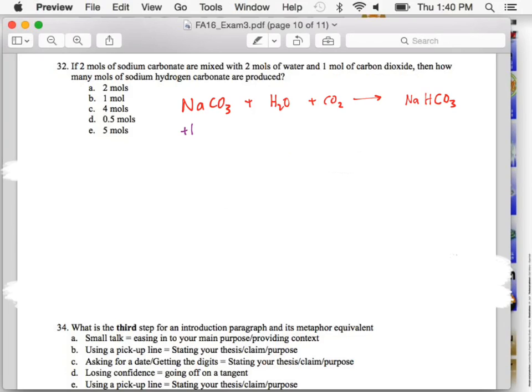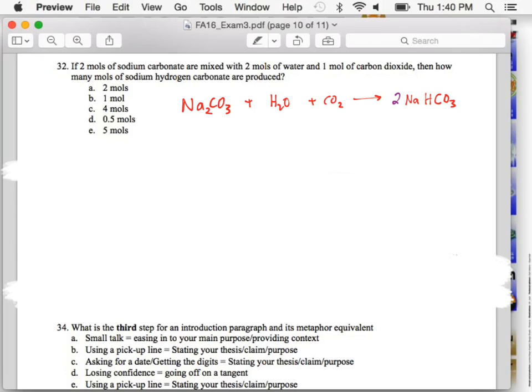What is the charge on carbonate? Is that formula correct? Nope. We need 2 sodiums to balance out the carbonate. Is the formula for water correct? Formula for CO2 correct? Sodium hydrogen carbonate? Yes. Now you can balance the whole thing. Does it balance just with that? Okay, so we now have the whole balanced equation.